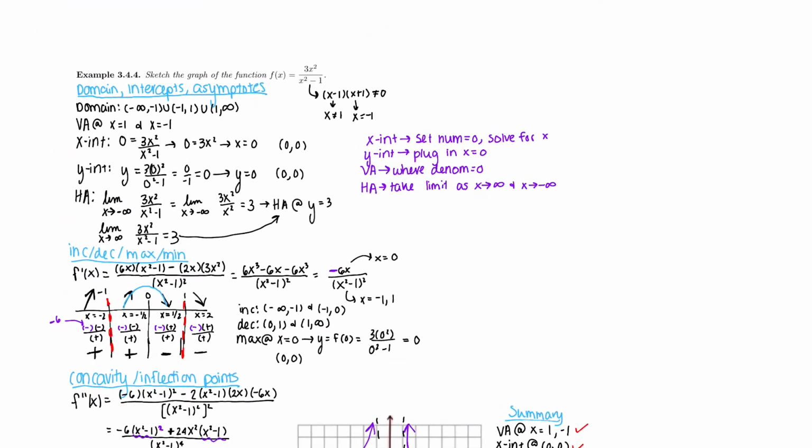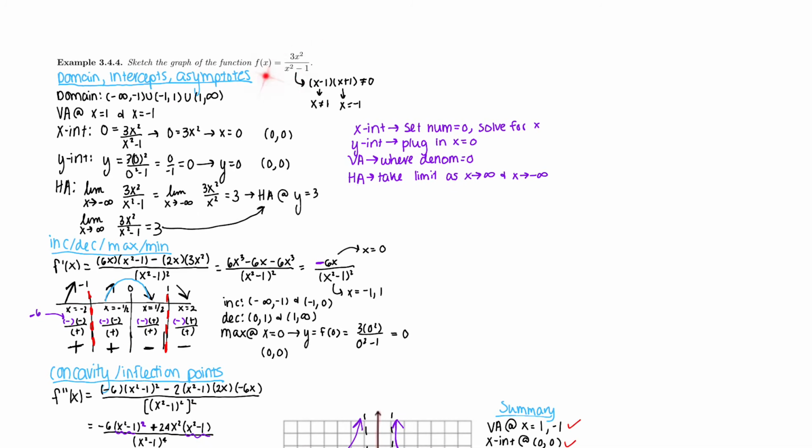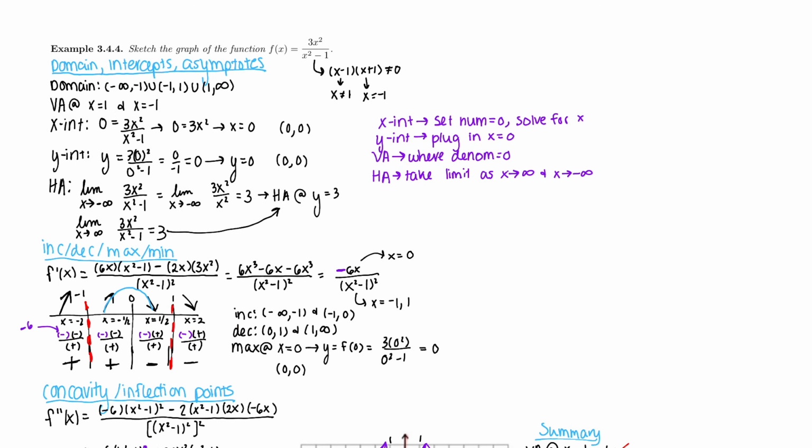In particular, if you're working with rational functions and you're curve sketching with them, the vertical asymptotes are going to come from where the denominator is 0. The x-intercepts are going to come from when the numerator is 0. So with rational functions, setting y equal to 0 is the same thing as just setting the numerator equal to 0, and you solve for x.